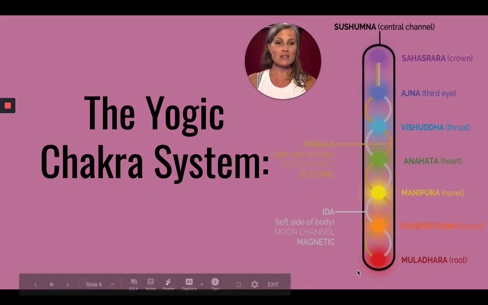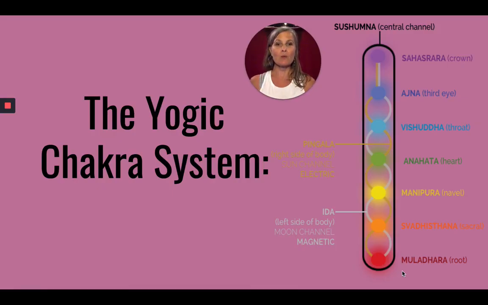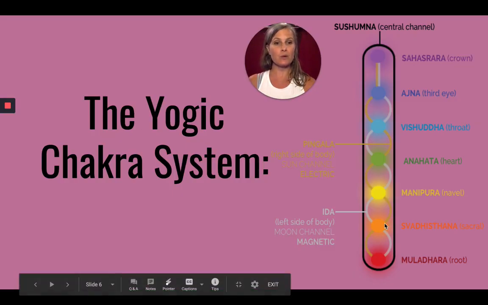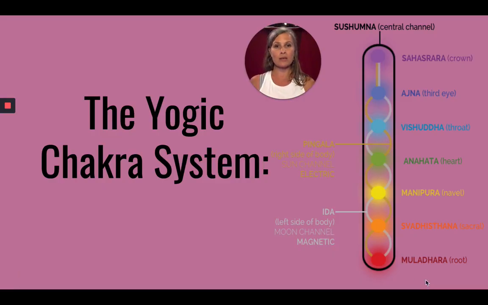So this is a way to visualize the chakra system. What are chakras? Chakras are aspects of consciousness. Each of these colors represents aspects of consciousness that we have within us.